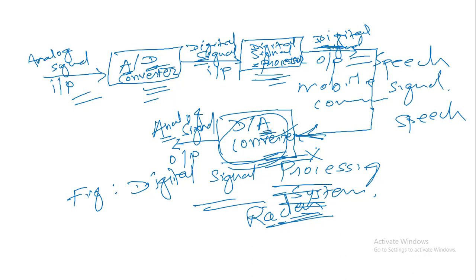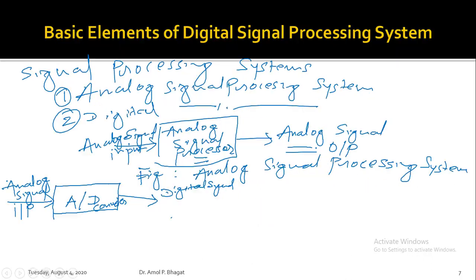Then the digital signal is given as input to the digital signal processor, which processes that signal and produces output in digital form. In some applications, this digital output will be given to the digital to analog converter, because such applications require the output in analog form. So we have some examples of it.